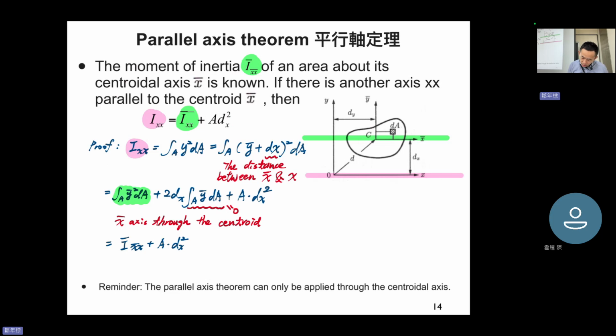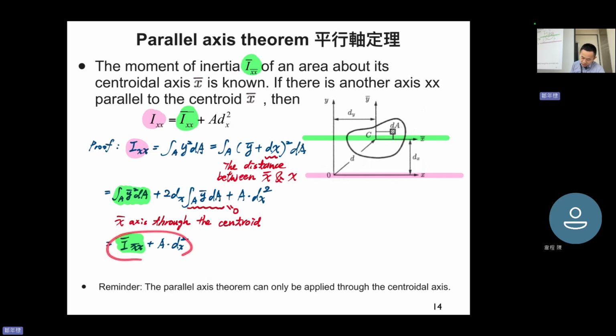And you know that the previous one is actually I bar x bar, all right? So if you move from here to a new axis, all you need to do is go back to your definition, your y bar needs to plus dx, the extra difference between the two coordinates. After you expand it, you find that this term equals 0.